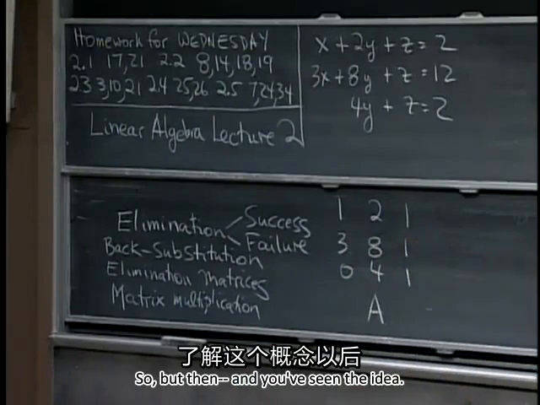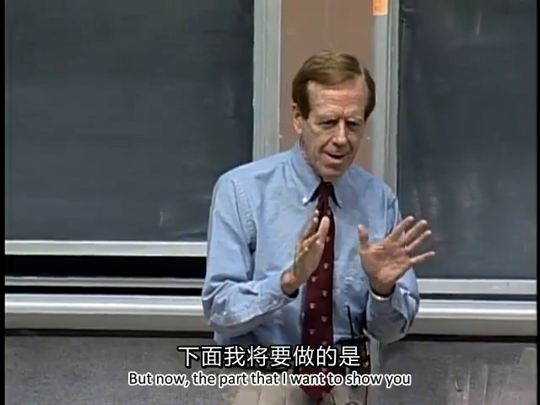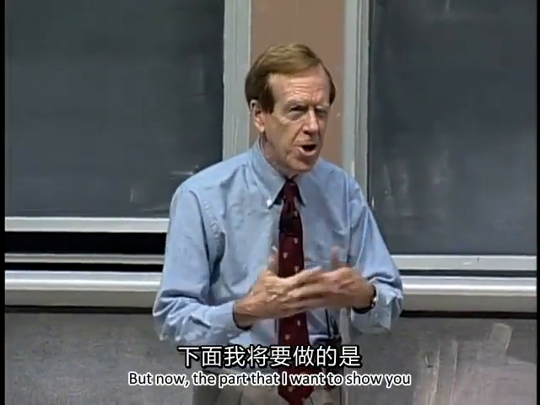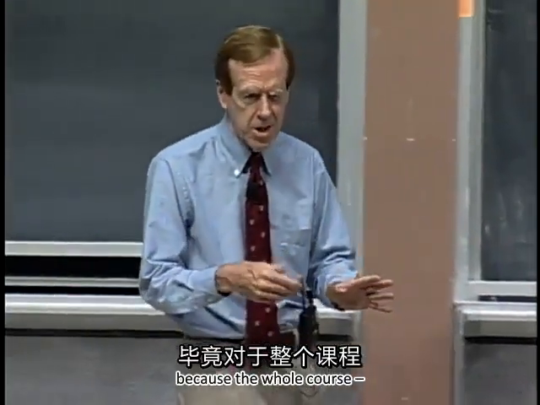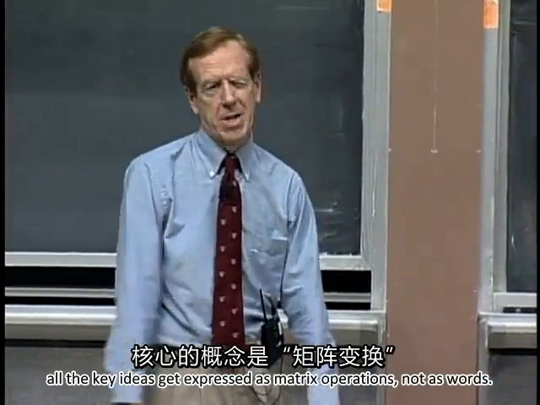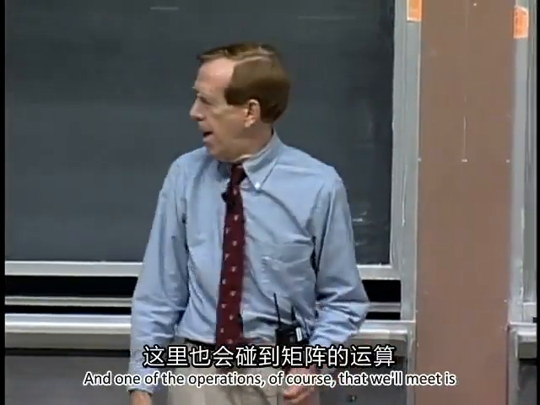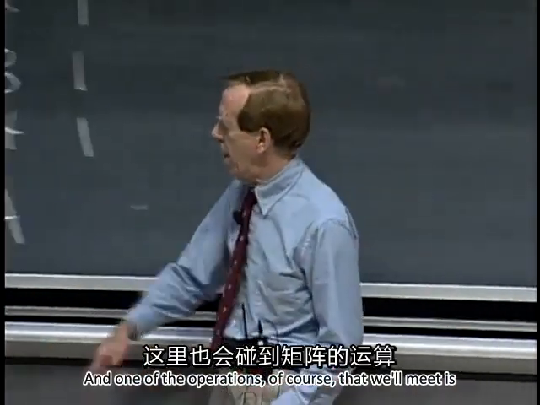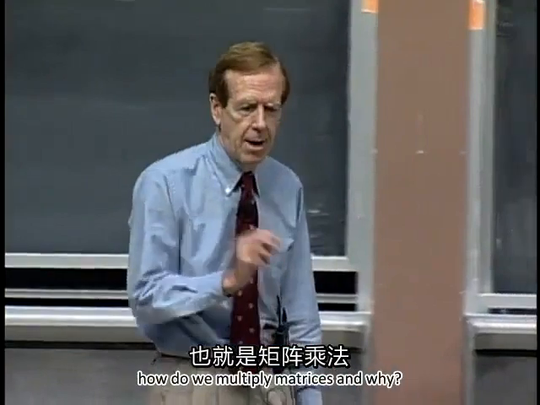Okay, and you've seen the idea. But the part that I want to show you is elimination expressed in matrix language, because in the whole course, all the key ideas get expressed as matrix operations, not as words. And one of the operations that we'll meet is how do we multiply matrices, and why.